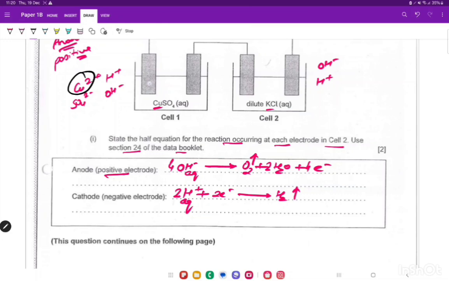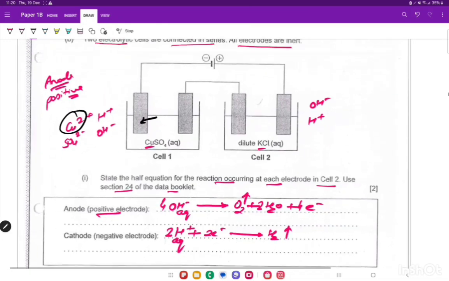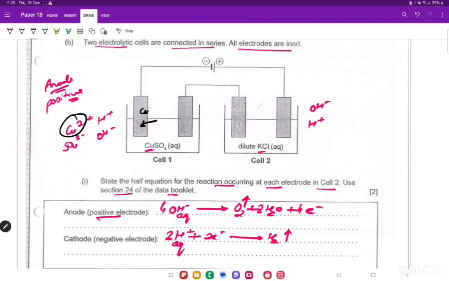Therefore, it will go to the negative electrode and form Cu. Whereas OH minus has a tendency to lose charge and will go to the positive electrode and convert into oxygen gas.